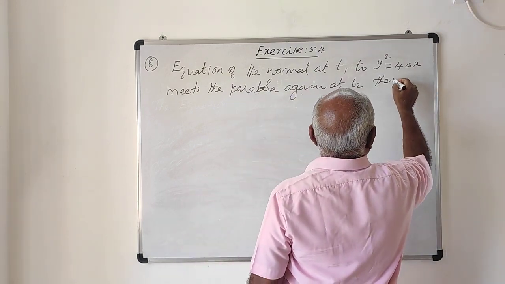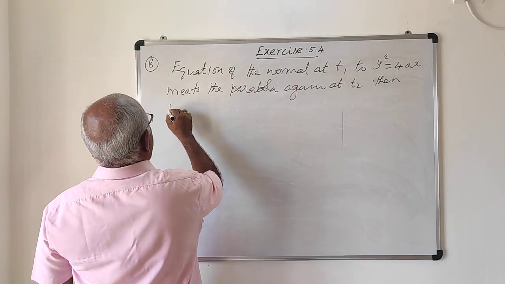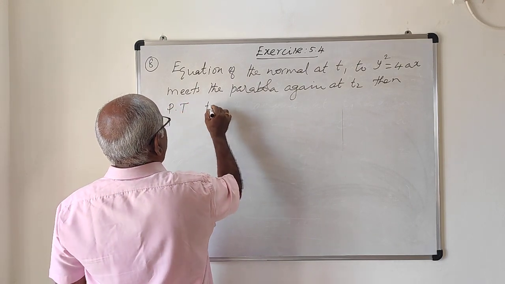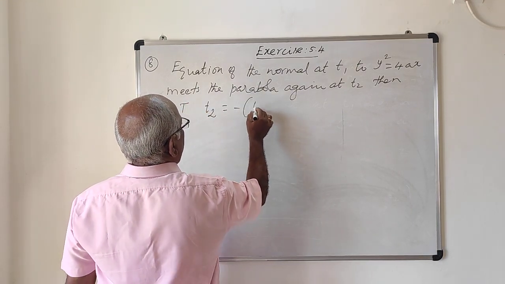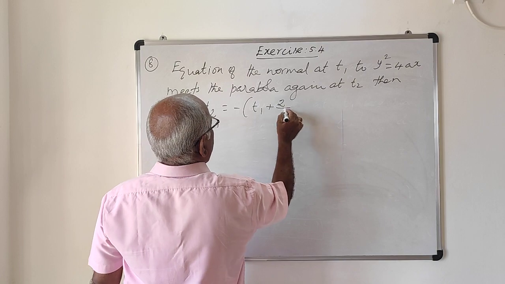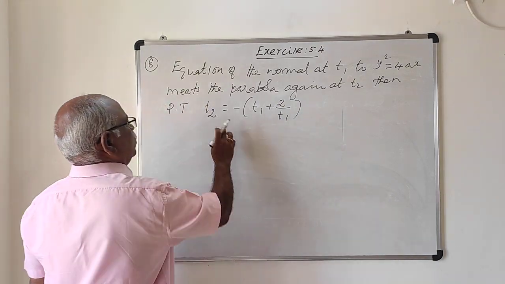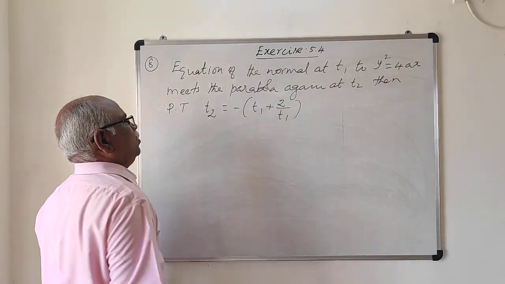Then prove that t2 equal to minus of (t1 plus 2 by t1). That is what we have to prove.